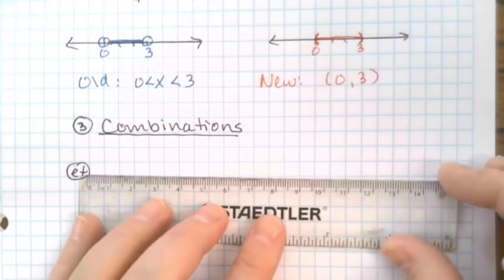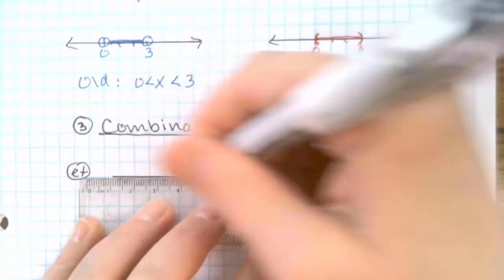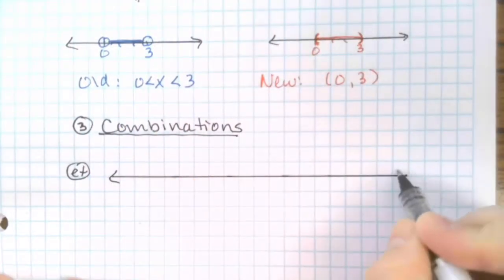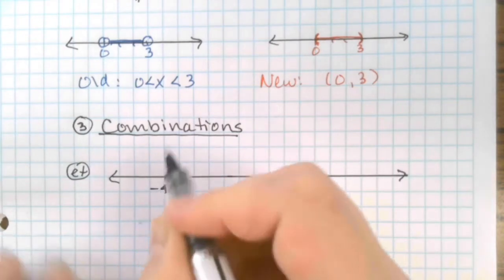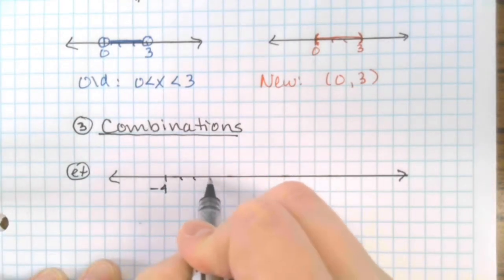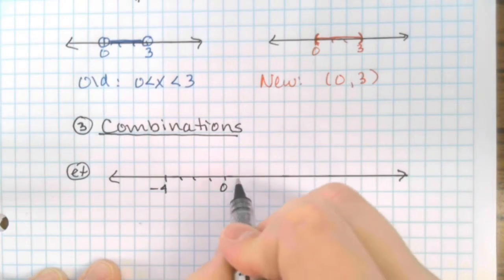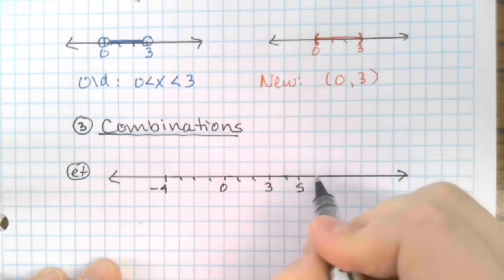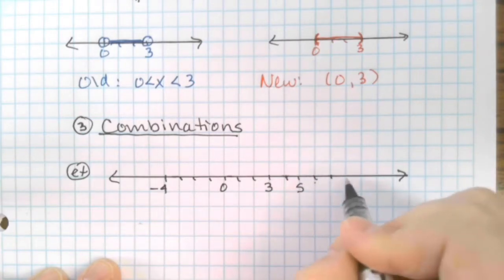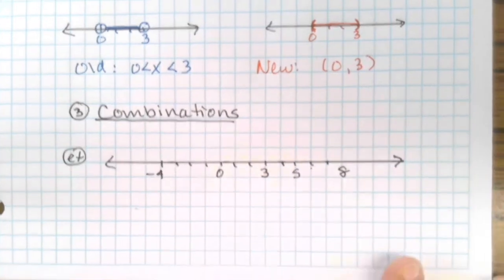So draw a really long number line this time. And our first critical point will be -4, 3, 2, 1, 0, 1, 2, 3, 5, 6, 7, 8. Those are going to be the critical points on this.